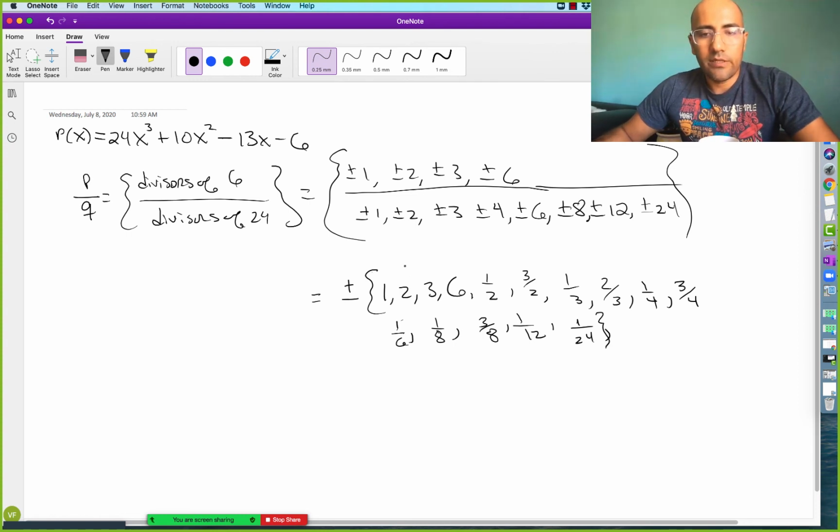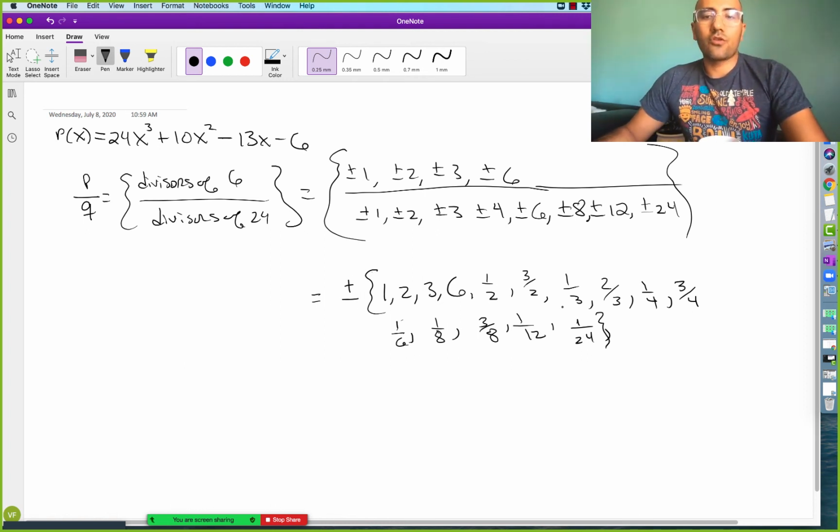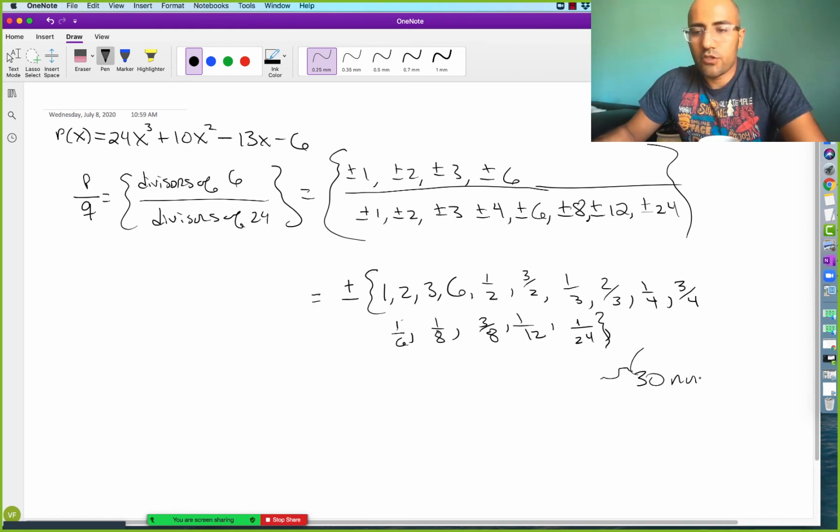Pretty ugly, but really there's only 1, 2, 3, 4, 5, 6, 7, 8, 9, 10, 11, 12, 13, 14, 15, and then plus or minus, there's 30 numbers to check. This is where the book would have you actually do them all.